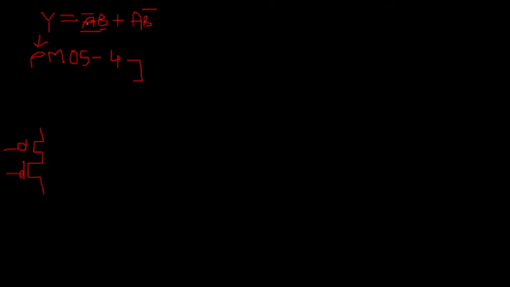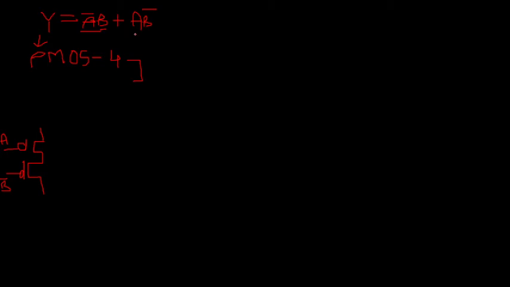And now what will be the inputs? As far as the pull up network is considered, inputs are opposite. So here if A bar is there, you will write A as the input. If B is there, you will write B bar as the input.